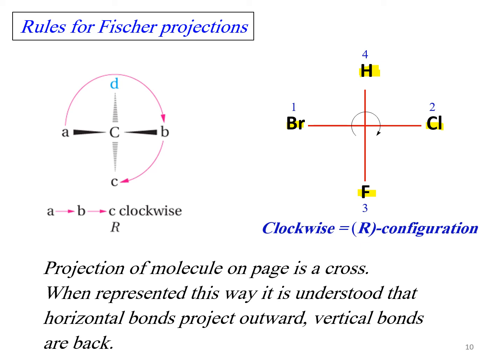So this will be from 1 to 2 to 3, and this will be a clockwise configuration or R configuration. And the main rule, as we saw in the previous slide, is that the horizontal bonds are projected outwards or towards us basically, whereas the vertical bonds are towards the back or away from us.